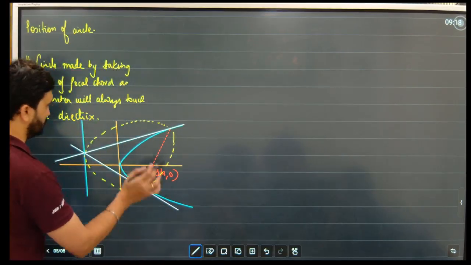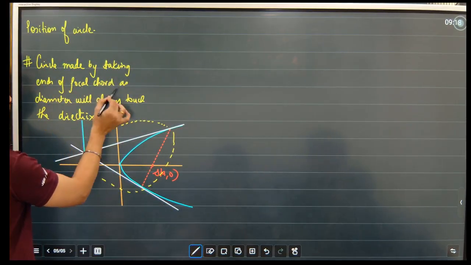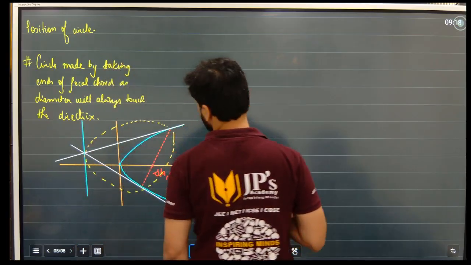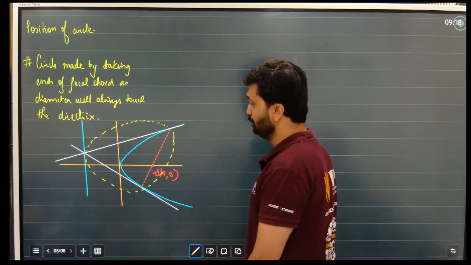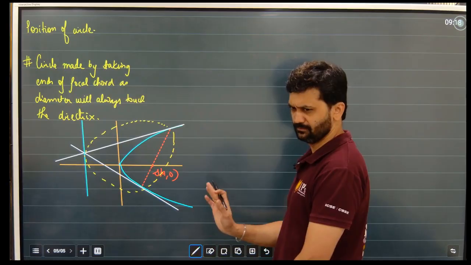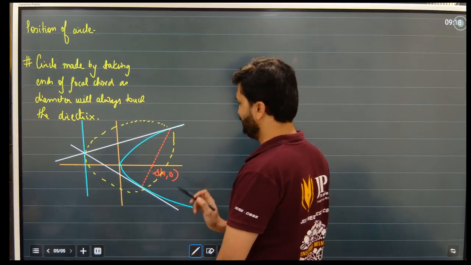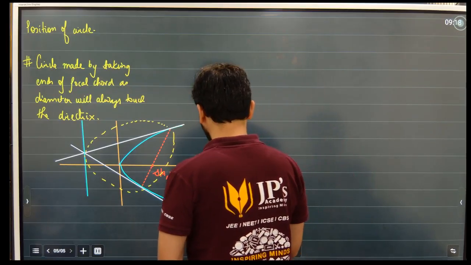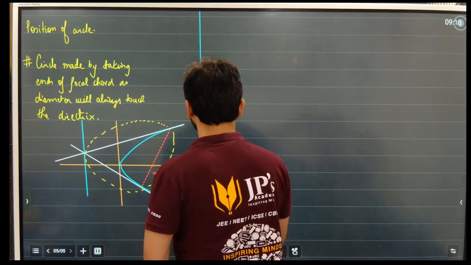So remember this: circle made by taking ends of focal chord as a diameter will always touch the directrix. This is again, as I told you, all about your imagination. So you can imagine very nicely.